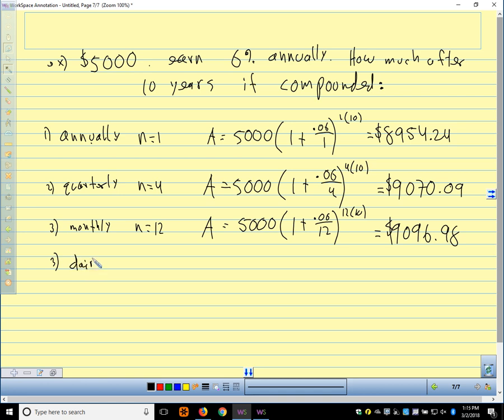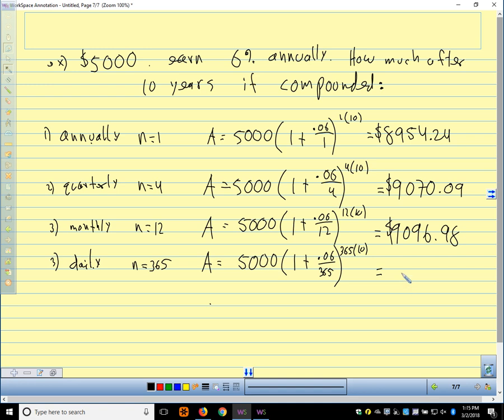Daily. Compound means how often you're paid your interest. So for daily compounding, we get 5,000 times 1 plus 0.06 over 365, to the 365 times 10 power.